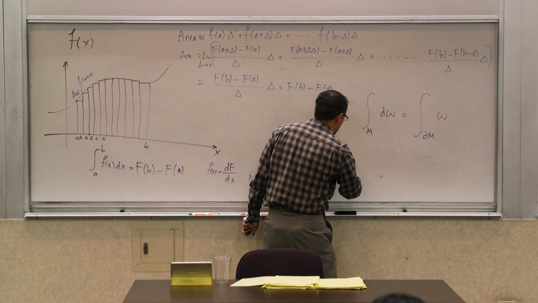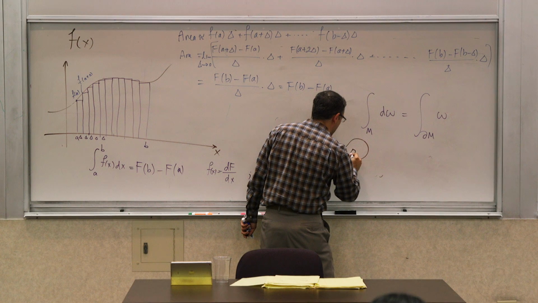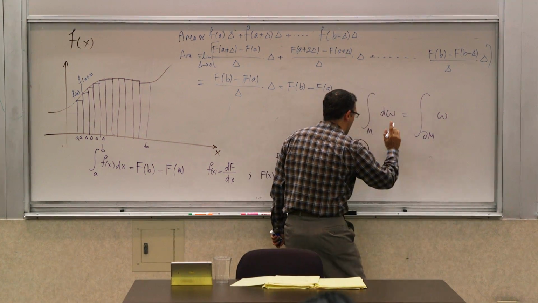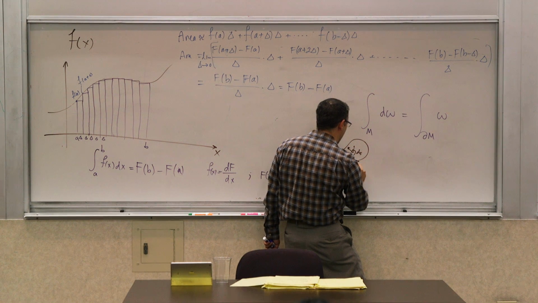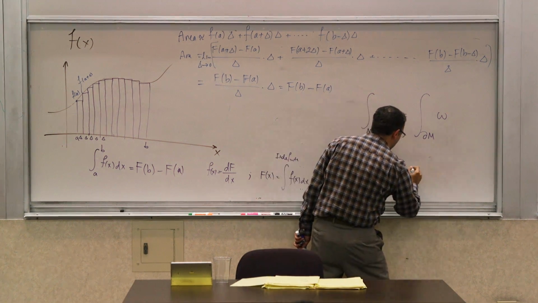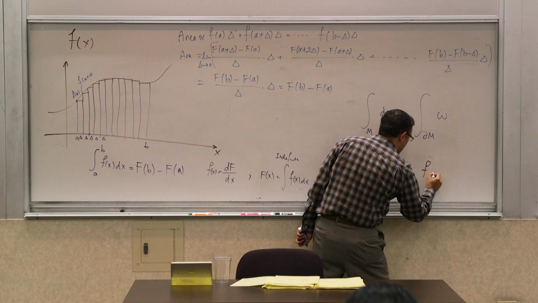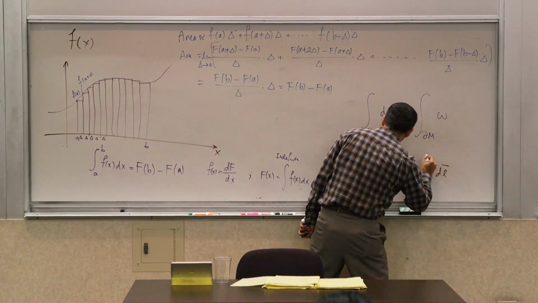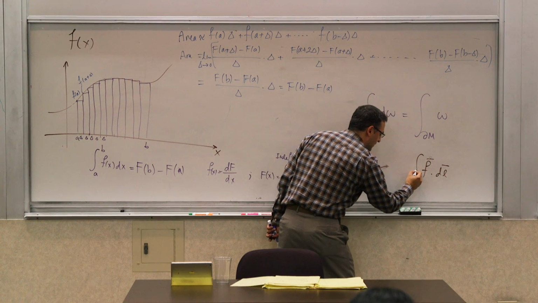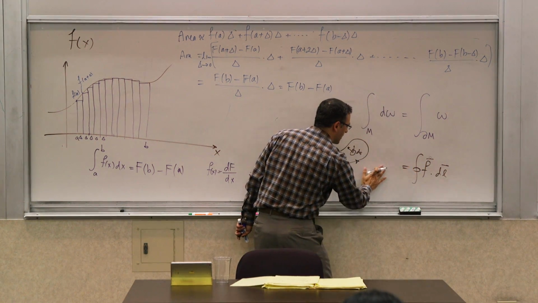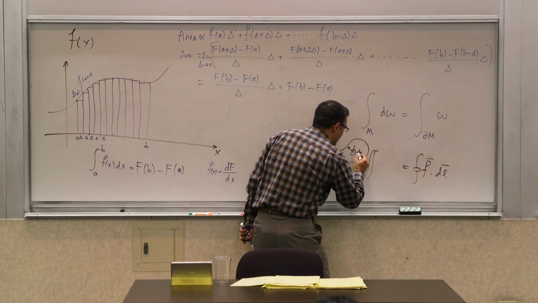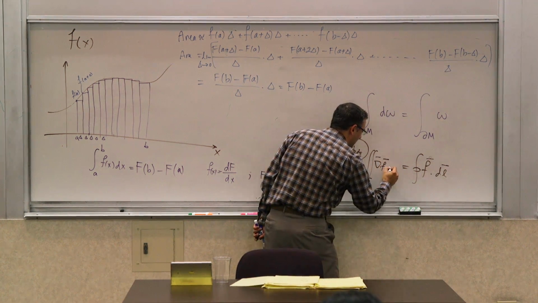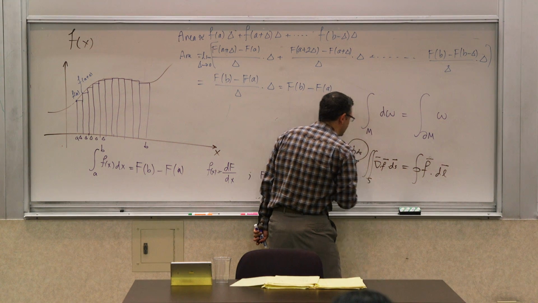Disregard that. So if you have the closed path, if you have a ds here, and this is the function f, it says that the integral of f times dl over the line integral on a closed path equals the double integral over the surface of curl of f times ds.